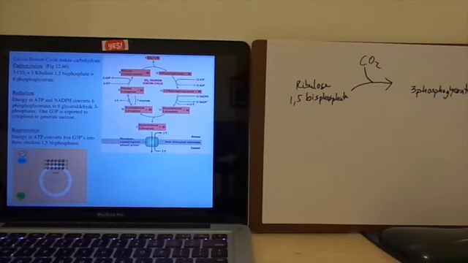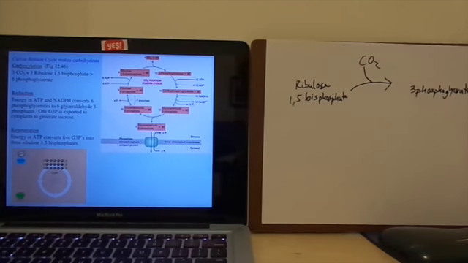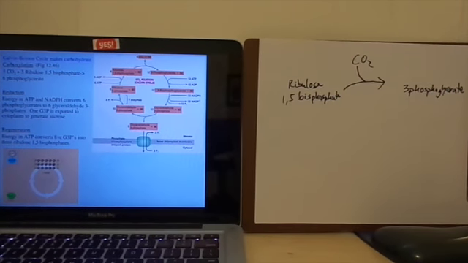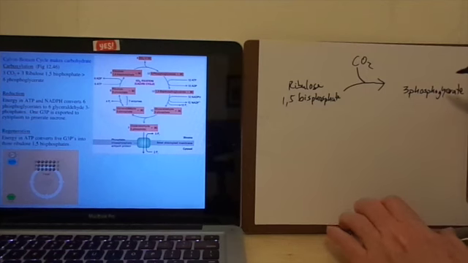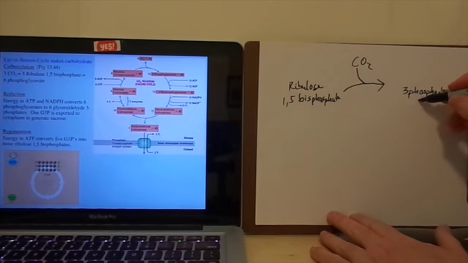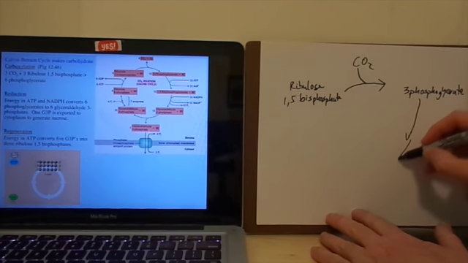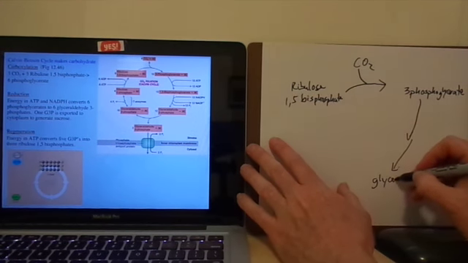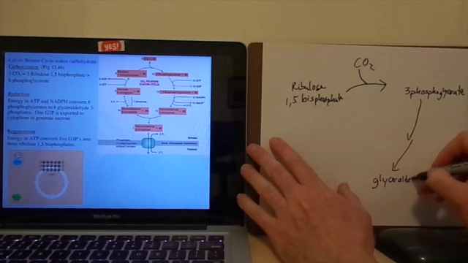Okay, now, you can't quite see the edge of that. There we go. Looks a little better. Now, the 3-phosphoglycerate is going to get reorganized into glyceraldehyde 3-phosphate.